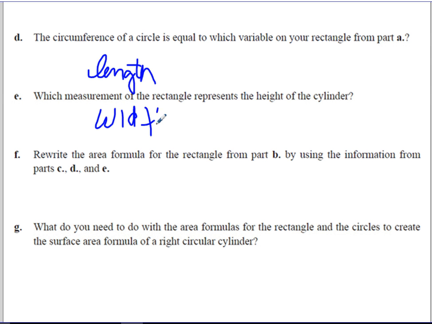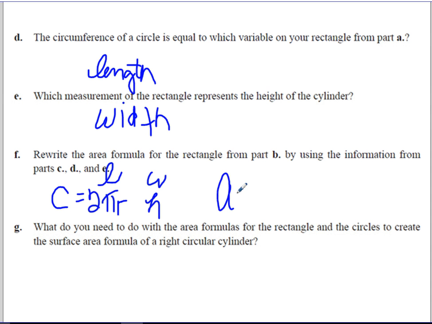So if we rewrite our formula of circumference equals 2 pi r as our length, and our height is our width, we know that the area is those two lengths multiplied together.